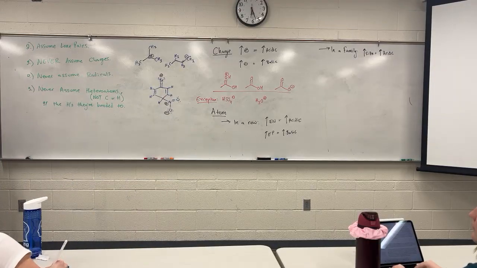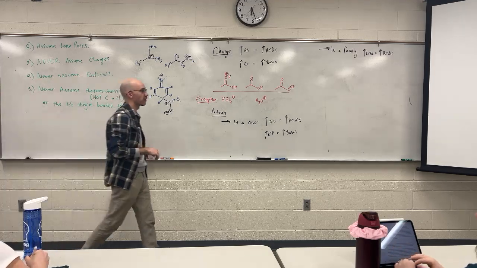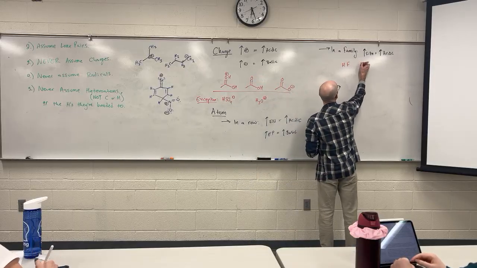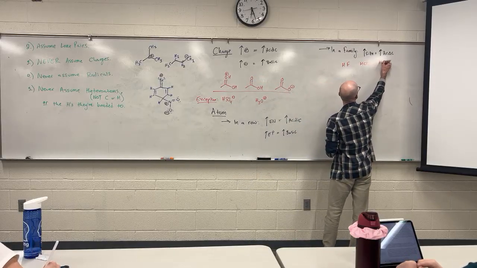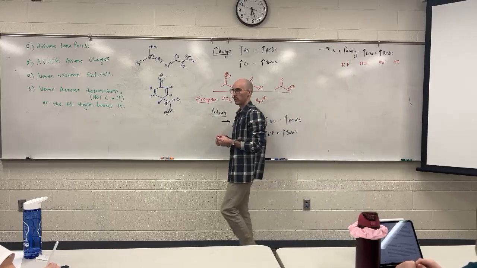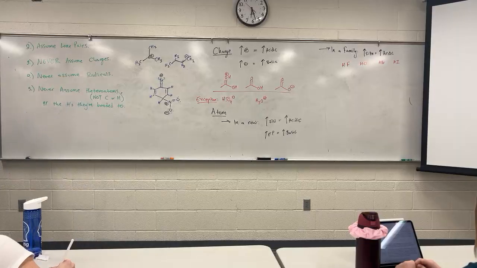So if we consider a family like the halogens, HF, HCl, HBr, HI. First of all, which of these contains the most electronegative atom? Hydrofluoric acid, and like literally the most electronegative atom. Which of these is the least acidic?